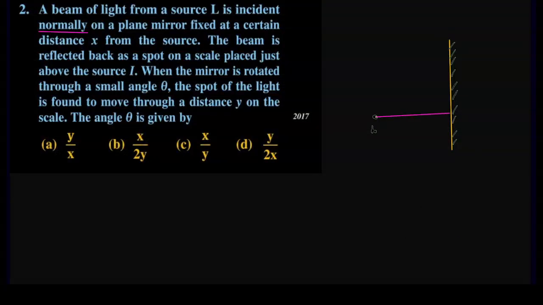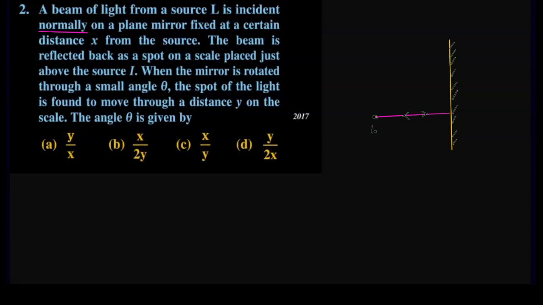Now in case of a normal incidence, the light ray retraces its path. It is coming like this, and again the light ray will go back like this only.